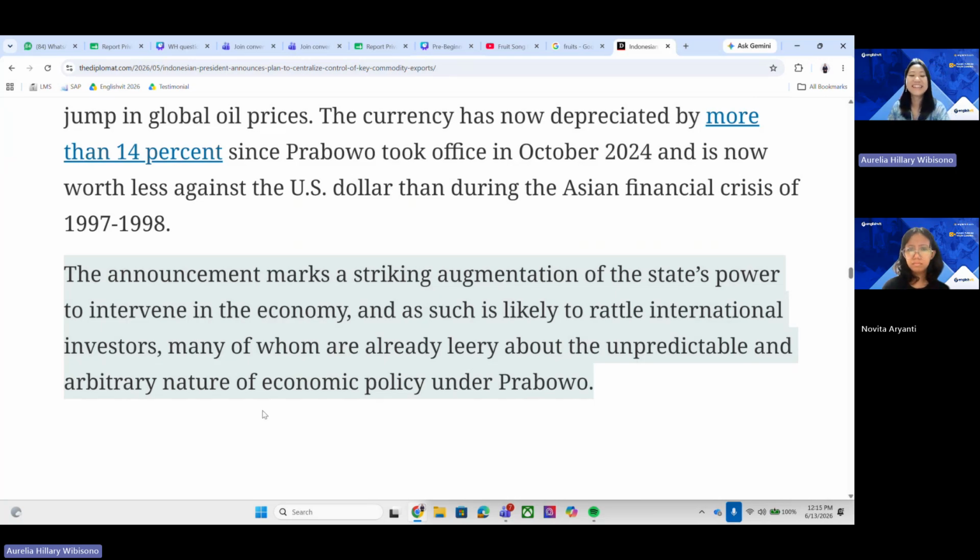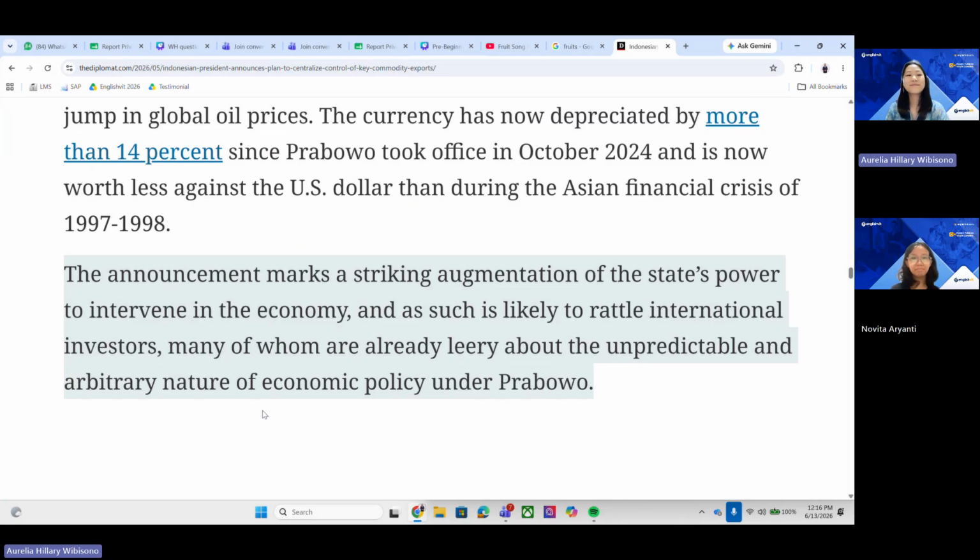Wow, impressive! So it's similar to unpredictable, right? Yep. But unpredictable is as an audience you see, oh, that's unpredictable. But arbitrary is when you are the decision maker and you make something based on your opinion, not based on data. So in here, we are talking about the subjective opinions of the decision maker. Yep, exactly. Okay, arbitrary nature of economic policy under Prabowo.